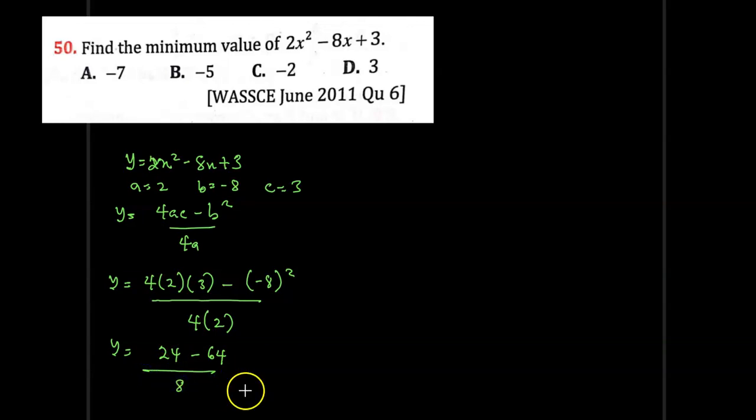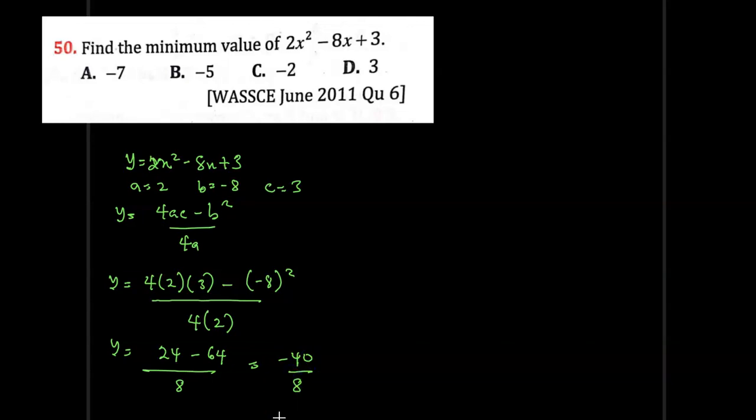So going further, what do we have? We are going to have a negative number as usual. So 24 minus 64 will leave an answer of negative 40 on 8.